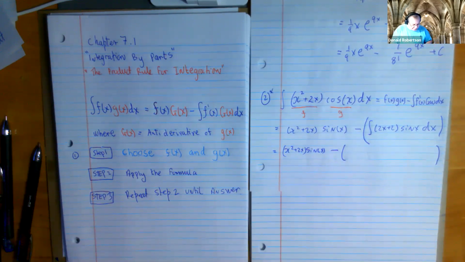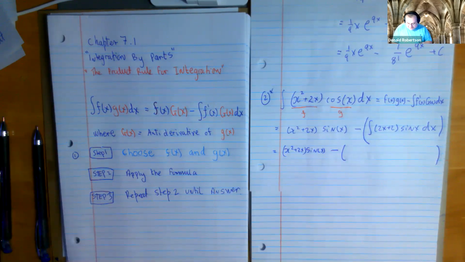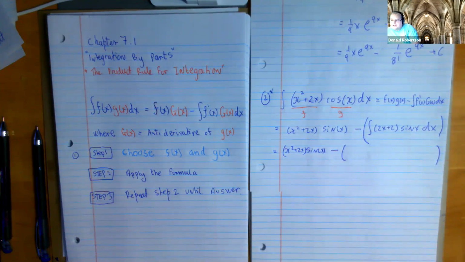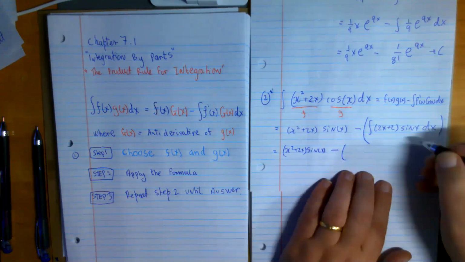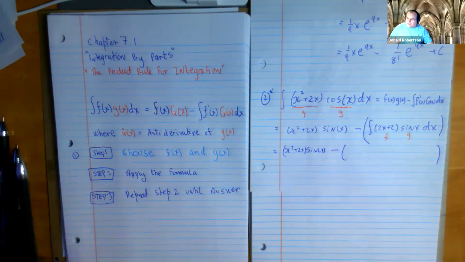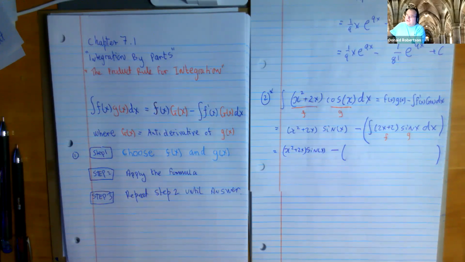Who am I going to pick for the f and the g now? In this question, who's the f and the g going to be now? G will be sin x. Yep. So whatever theme you start with, keep that theme all the way through the repeated processes.